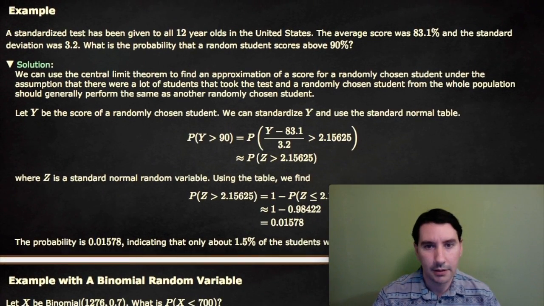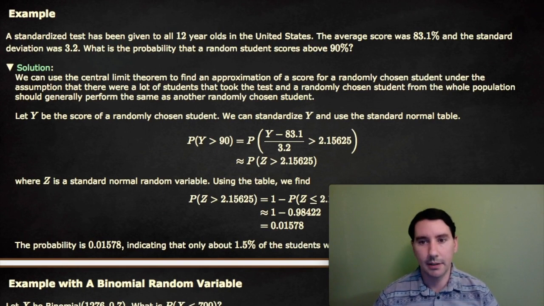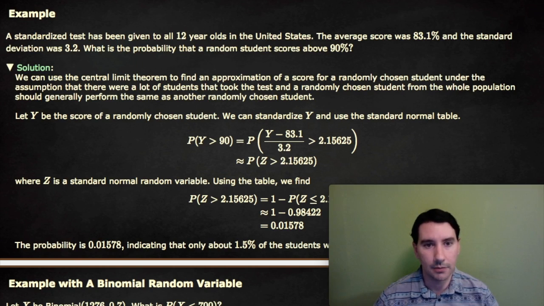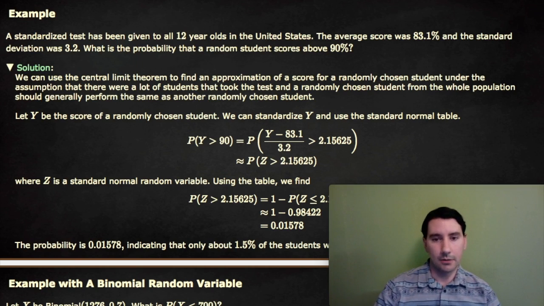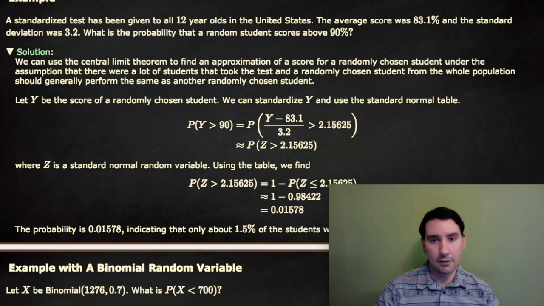Let's say that a standardized test was given to all 12-year-olds in the United States, and the average score was 83.1%, and the standard deviation is 3.2. What's the probability that a random student scores above 90%? To do this problem, we're going to make a couple of assumptions.